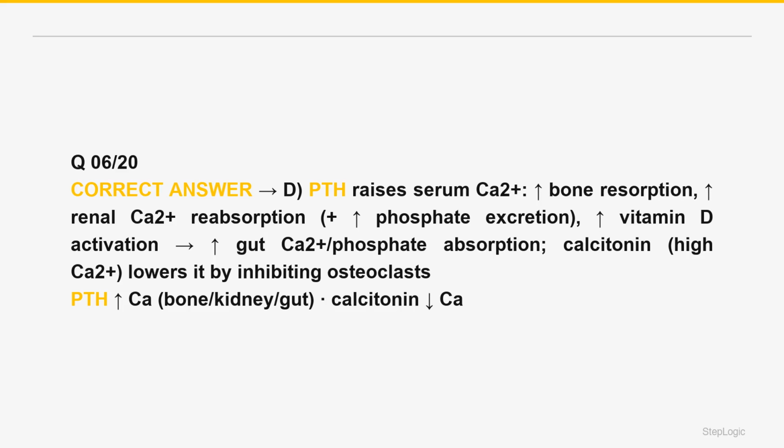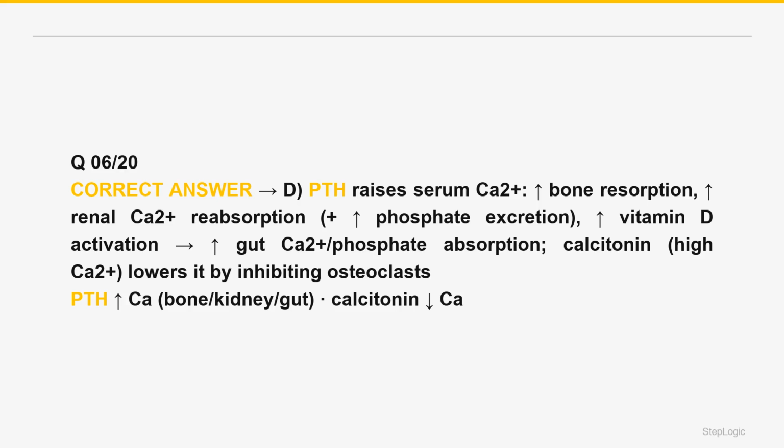Active vitamin D, 1,25-dihydroxyvitamin D or calcitriol, then acts mainly on the gut, increasing intestinal absorption of both calcium and phosphate, and it also aids bone mineralization and some bone resorption. So PTH and vitamin D work together to raise serum calcium. Calcitonin from thyroid C cells is released when calcium is high and modestly lowers serum calcium by inhibiting osteoclasts.